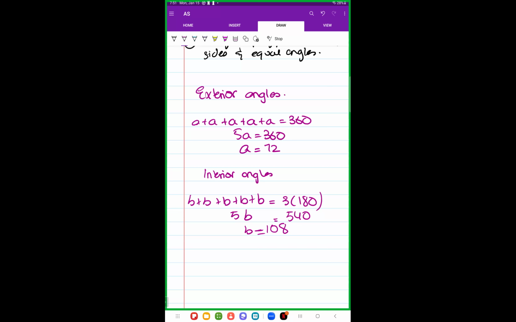Unless they tell you they're equal, they're not equal. I didn't tell you any property where it has to be equal, right? So only equal angles add up to this? No, no. They haven't told you that all of the angles are y. They have different values. Oh, I don't know then. How will you find y? Just think about it.